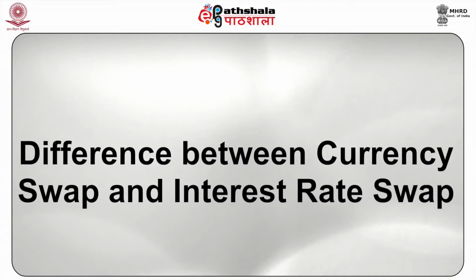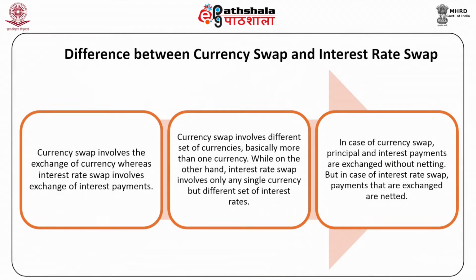Difference between currency swap and interest rate swap. After analyzing the basic concepts of interest rate swap and currency swap, there is also a need to understand the basic difference between the two. Currency swap involves the exchange of currency, whereas interest rate swap involves the exchange of interest payments.